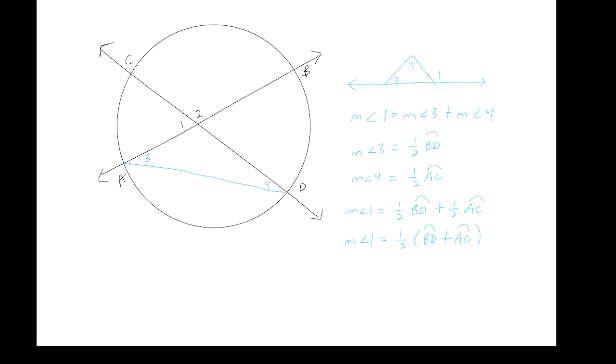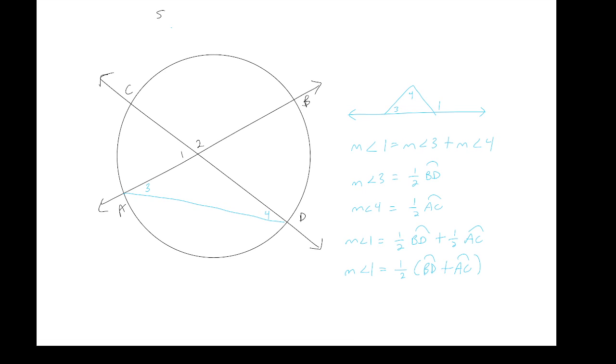Is that if I take any angle created through what's known as secants with my intersection in the circle, all right?